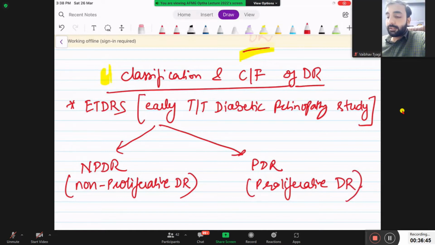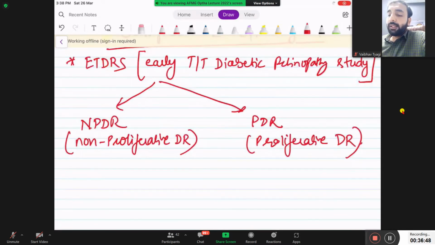Now, as the name suggests, NPDR is non-proliferative diabetic retinopathy, meaning that the proliferation of new vessels has not started in this stage. Whereas in PDR, proliferation of new vessels has already started.